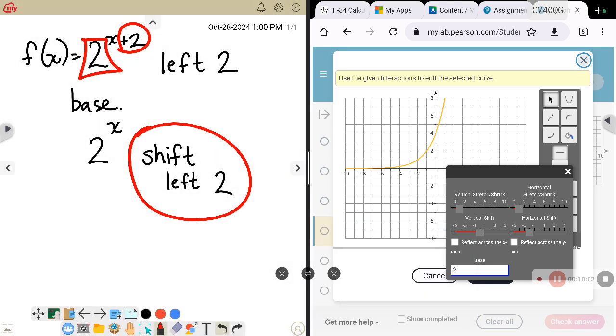So I changed the base from E to 2. It doesn't change the shape of that graph very much because remember, the number E, Euler's number, is a number close to 2, but it does change it. So make sure you change the base from E to 2.